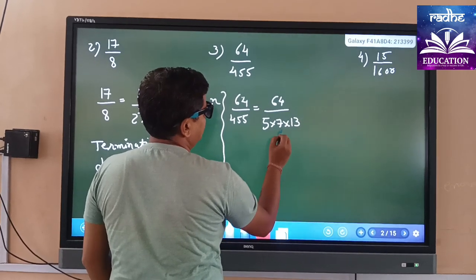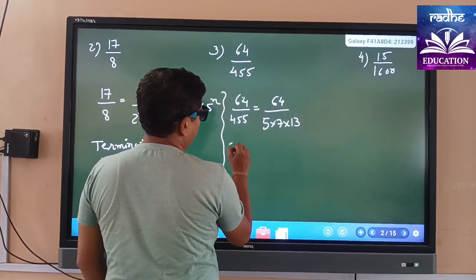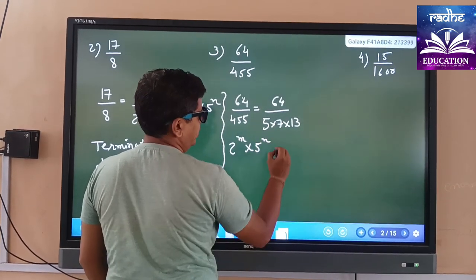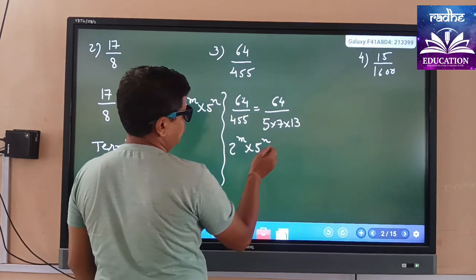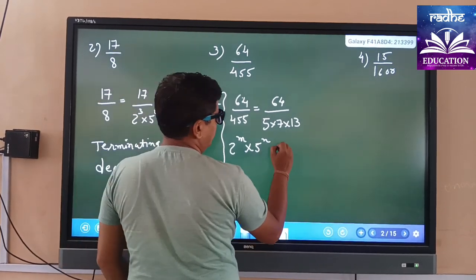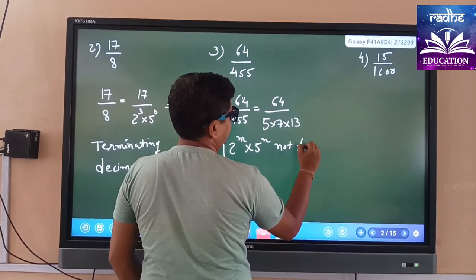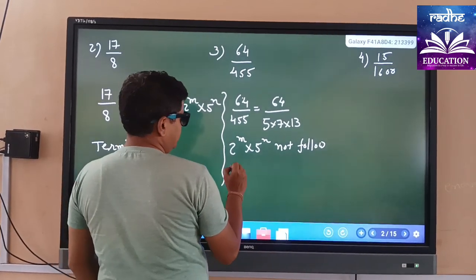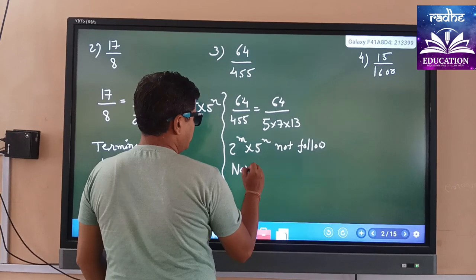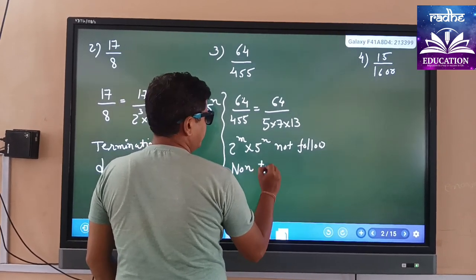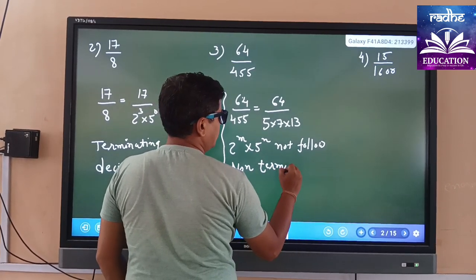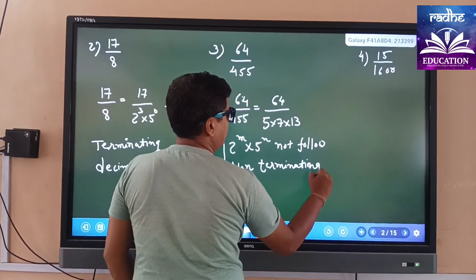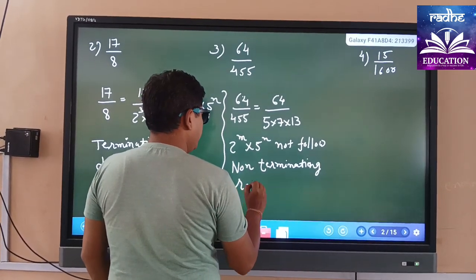You can see that here the denominator does not follow 2 raised to m into 5 raised to n. 2 is not present, so it does not follow that. So the given number is a non-terminating repeating decimal expansion.